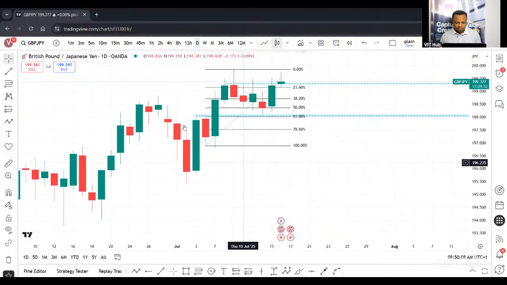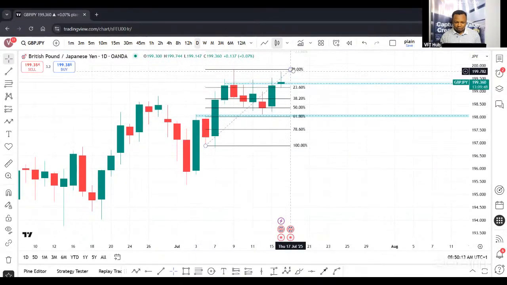you can see that on the daily time frame, we had this level here marked out as our bias on GBP JPY, where we said we wanted to see price trade into discount so that we'll take a buy. All right, and that was like last week. Price was somewhere around here. You can see that price has traded into this level that we marked out, which is this rectangle you're seeing here.